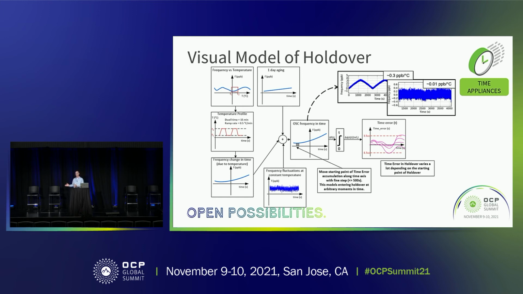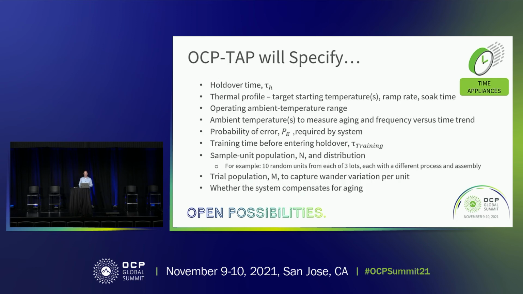And when we do that, then we have a straightforward methodology to test holdover. In addition, we'll have a separate set of specs for the classification of oscillators. The classification will identify all of these inputs to the test methodology. Those will be called out in the standard, but the test methodology itself will be a separate part of the spec that doesn't have these parameters in it but uses them as inputs. Those will be two separate documents.